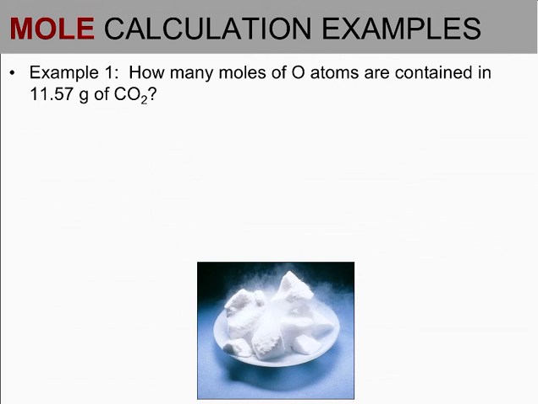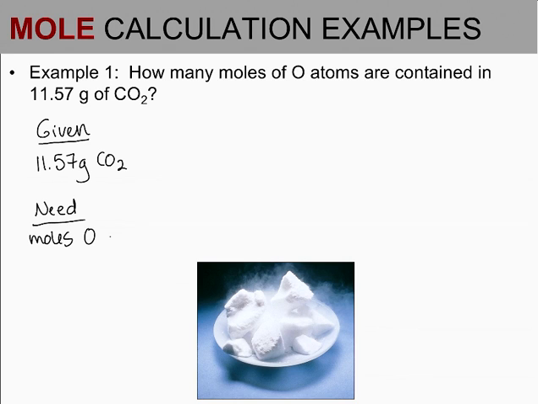So first, let's write what we're given. So we're told that we have 11.57 grams of CO2. And then we need to determine how many moles of oxygen atoms we have. And then our plan is a little bit complex because we need to go from grams of CO2, and we need to end up with moles of oxygen.